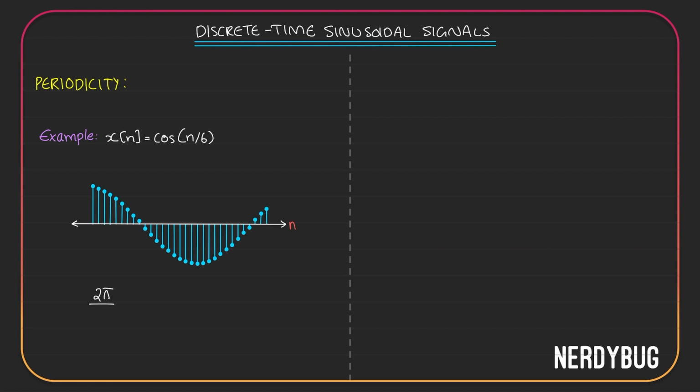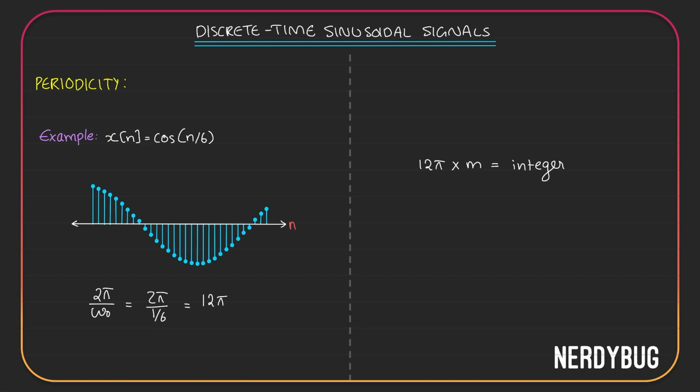If I try to find out 2 pi by omega naught, here omega naught is 1 by 6. So 2 pi divided by 1 by 6, I get 12 pi. Now, can you think of any integer that you can multiply with 12 pi to get an integer?